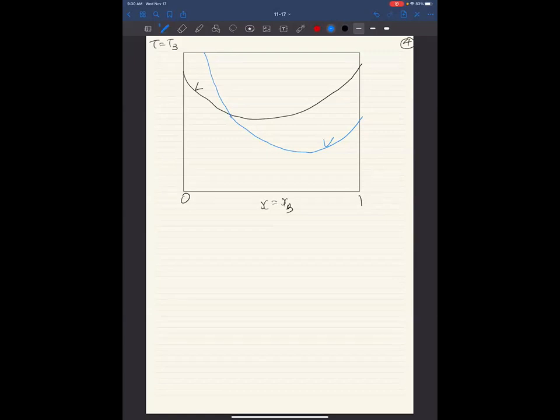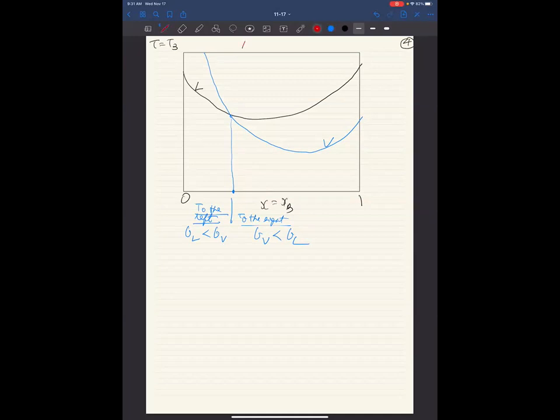It's clear that to the left of this point, GL is lower than GV, and to the right, GV is lower than GL. So it appears as if there is no reason for liquid plus vapor to coexist. You should just have liquid and then all of it should change into vapor. However, it turns out that liquid and vapor coexist. Let's try to understand why.